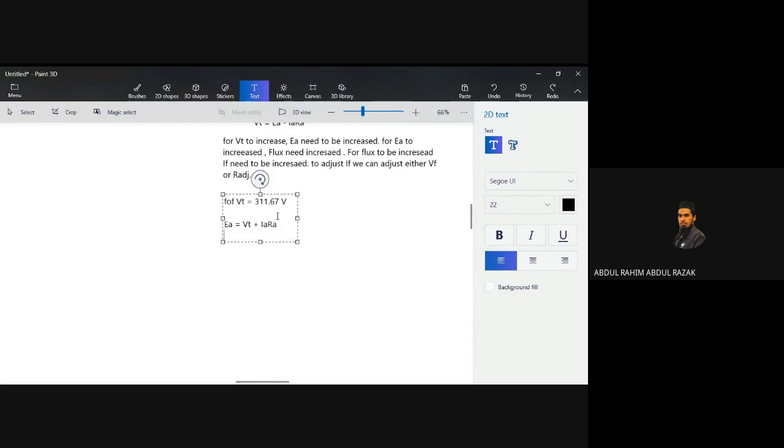So EA this time is equal to 311.67 plus, at full load condition of 360 and 0.2 RA, so you will get your EA of 311.67 plus 72 volts, which is equal to 383.67 volts.